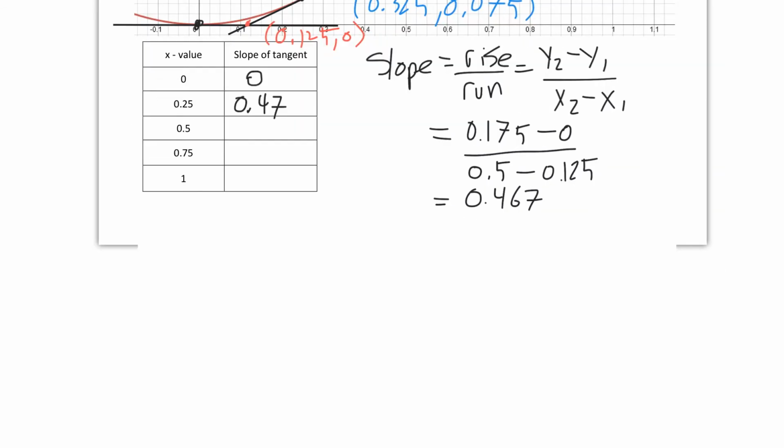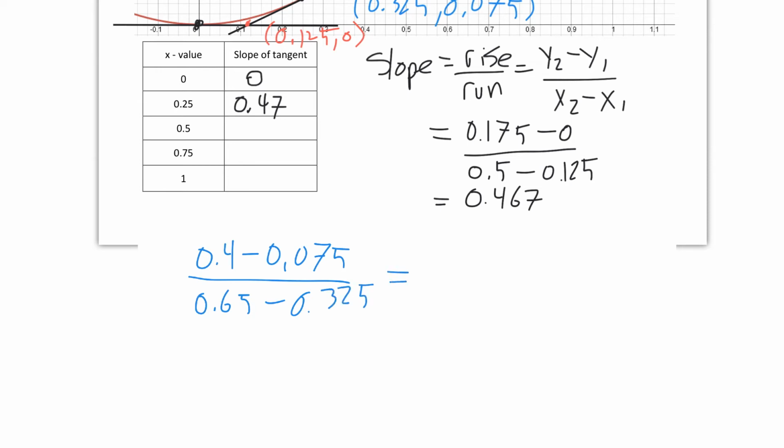We have the y value of 0.4 minus the y value of 0.075 over 0.65 minus 0.325. And that will give us, well, this one actually works out pretty nicely. We get a nice even value of 1. So the slope for this tangent line is going to be 1.